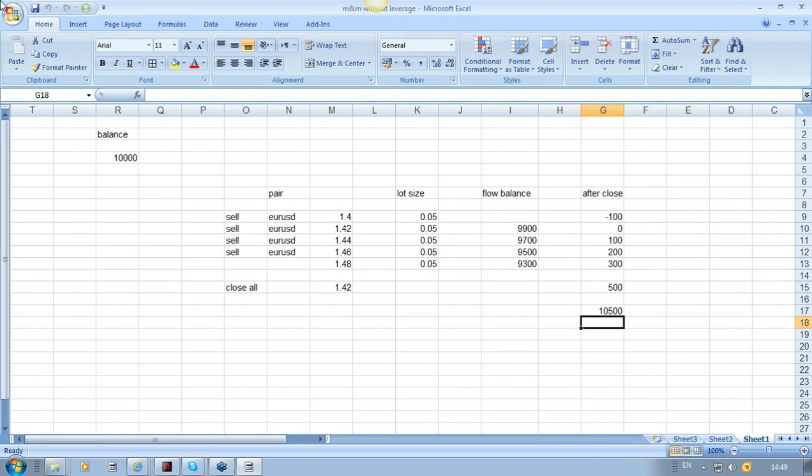You have a balance, your first trade will always be with negative leverage. For example, 1 to 1 would be 0.1, right? 0.1, which is also 10,000 currency, each currency.